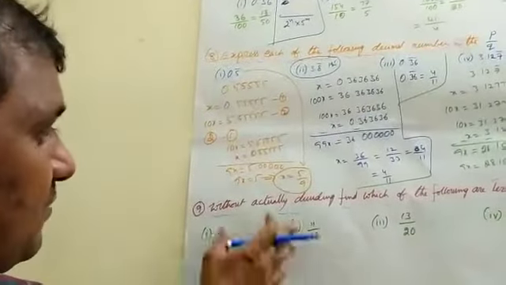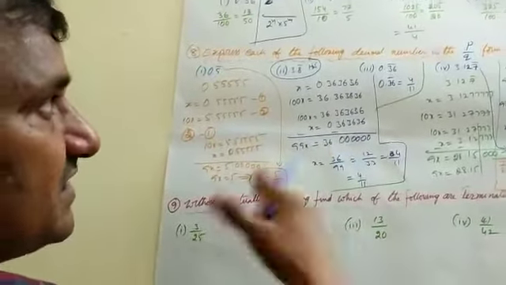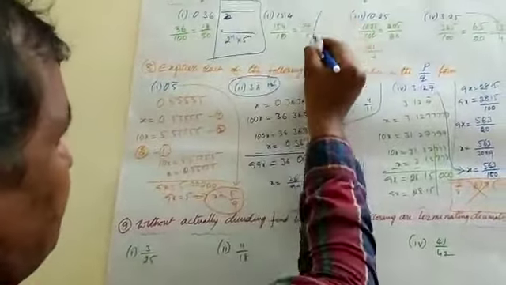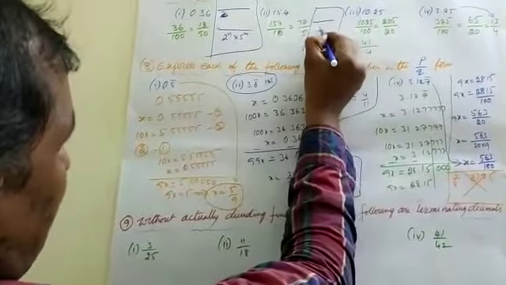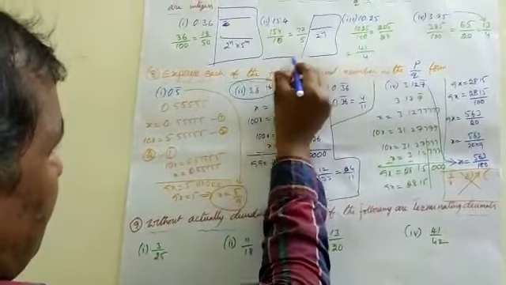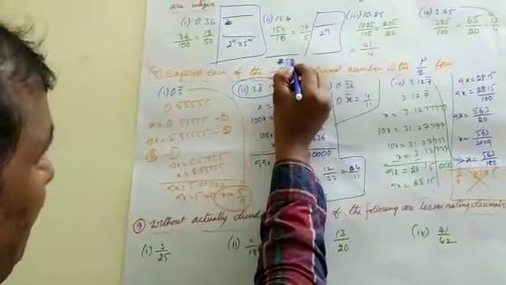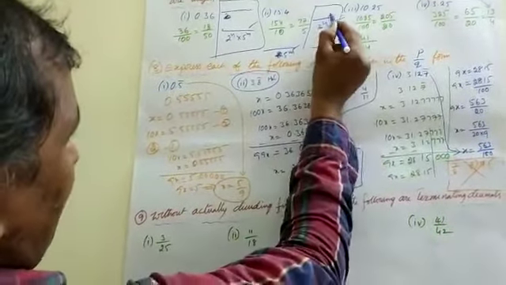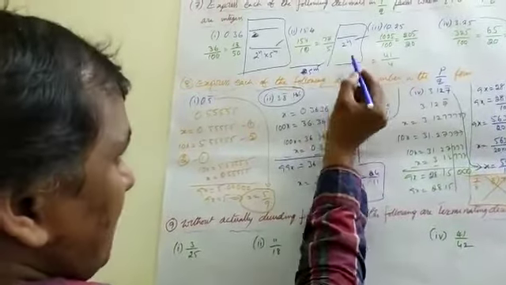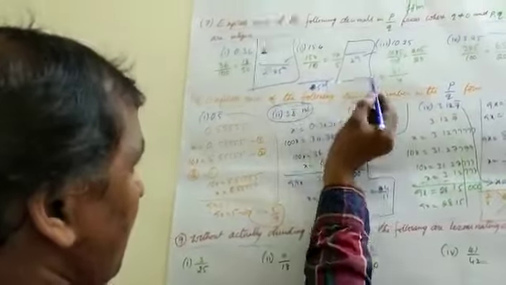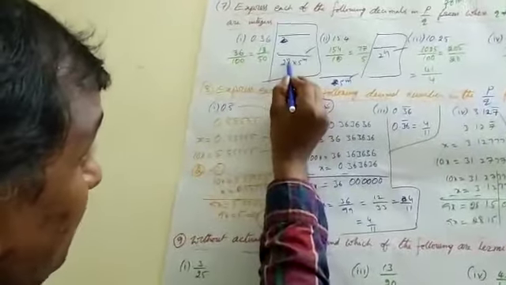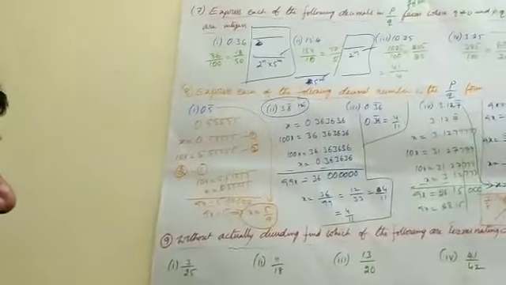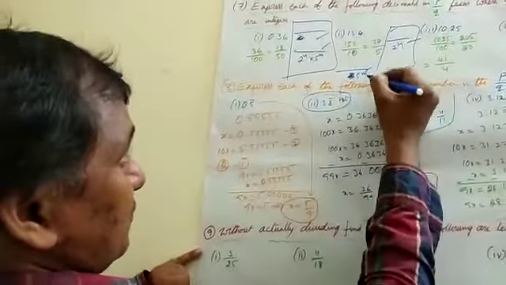That means the total fraction is terminating, otherwise non-terminating. For example, once the denominator is 2 power n or 5 power m, whatever it may be, 1, 2, 3. Anything by 2 power n or anything by 5 power m or anything by 2 power m into 5 power n, whatever it may be. The process 1, 2, 3.